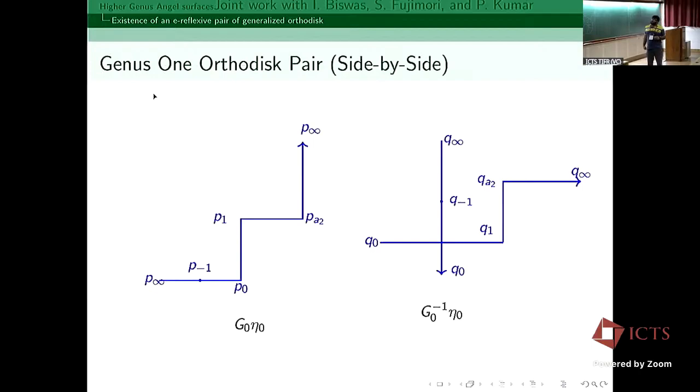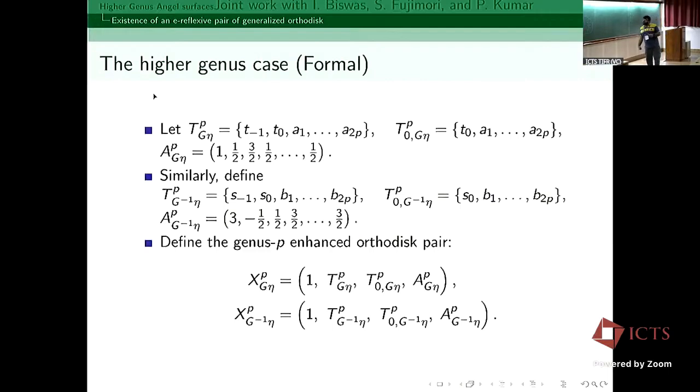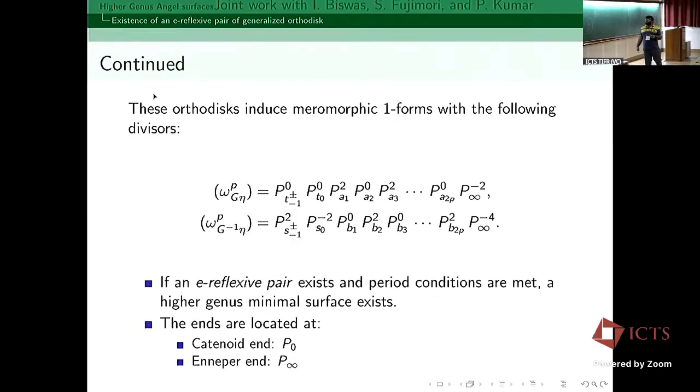These are their images in C, the corresponding polygons, and from there we can formally generalize to genus P. We can always draw a polygon like that, but is there a conjugate one or an irreflexive one? We don't know. It's just the formal data. If we do that and get the formal divisors, then we see that yes, this should be our candidate.